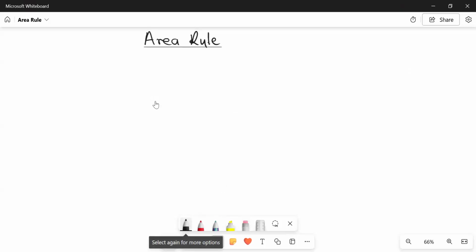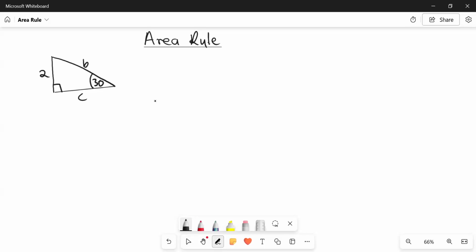Now before we dive deeper, let's start with trig ratios. Let's say for an example, they give you a triangle, right? Maybe this is 2, this is your C, this is B, and then angle 30.